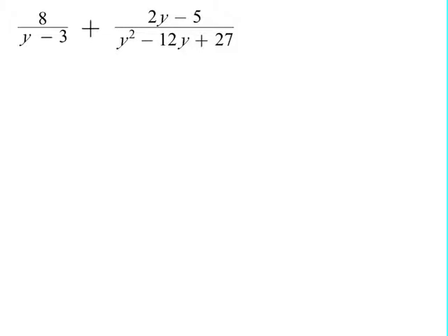As you're writing that down, think: where am I going to start? Do we have any ideas? Start with what? Yep, factor. Factor this right here. And what does that factor to be?